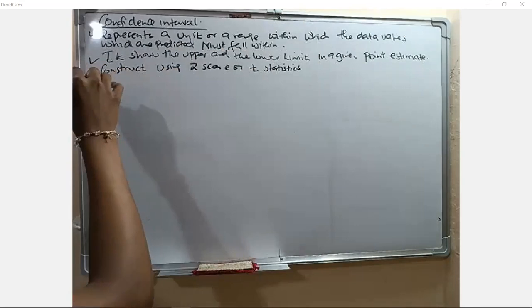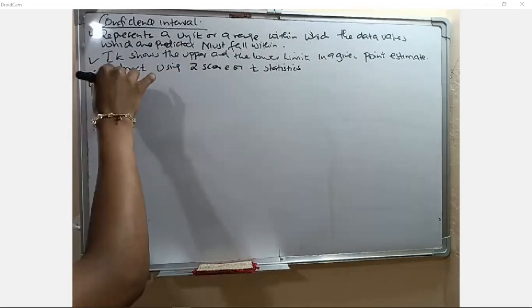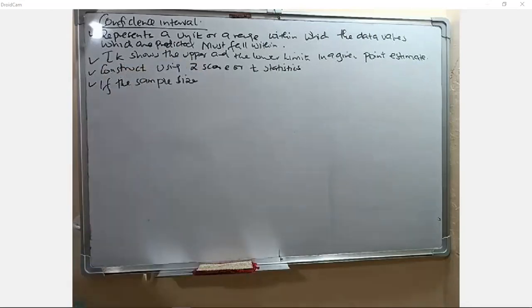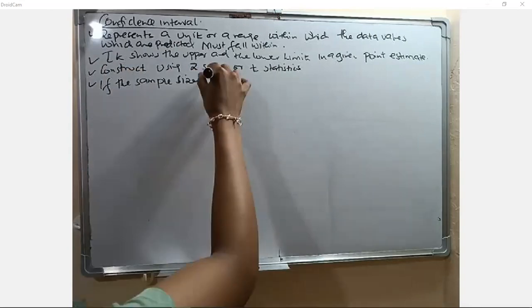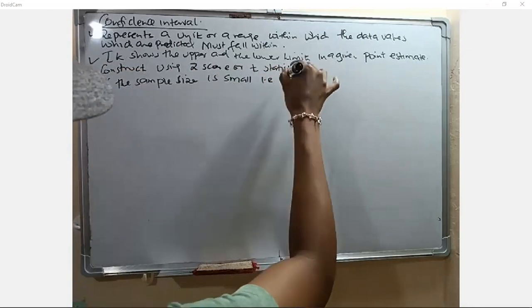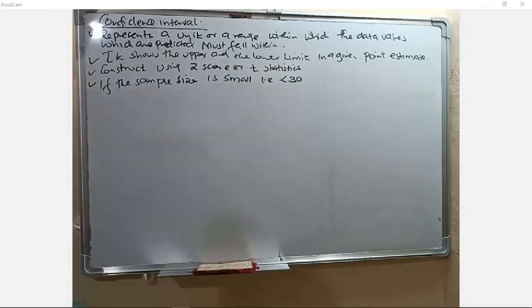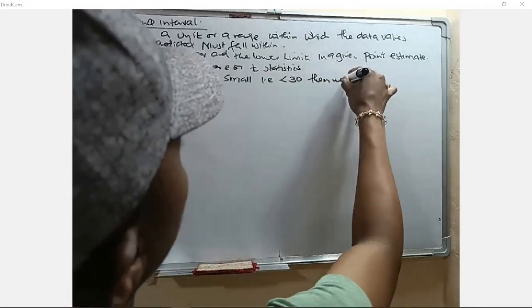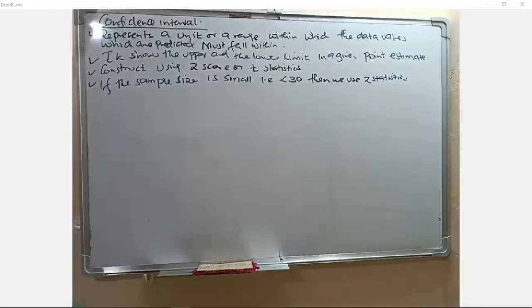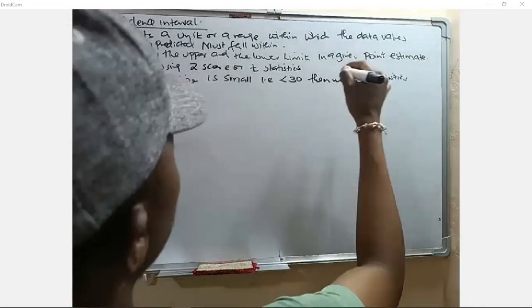We say, if the sample size is small, that is less than 30, then we use the T statistics.